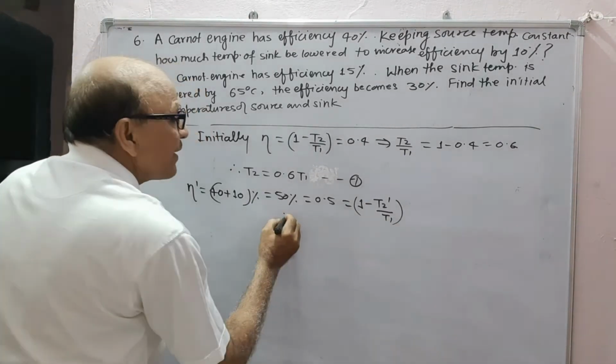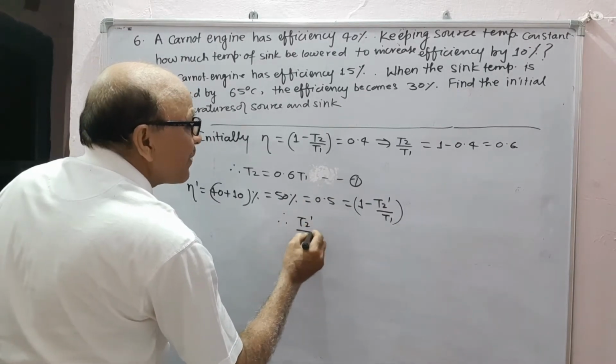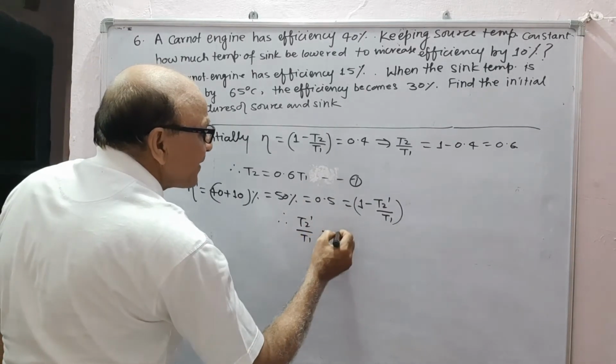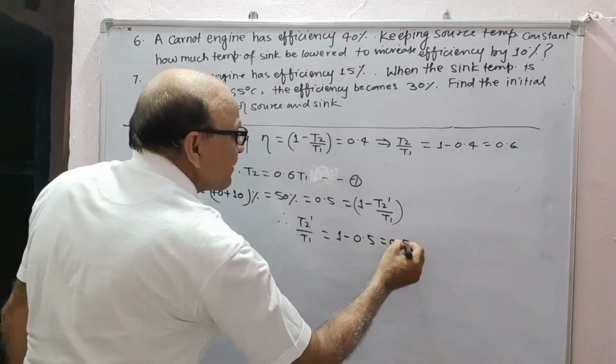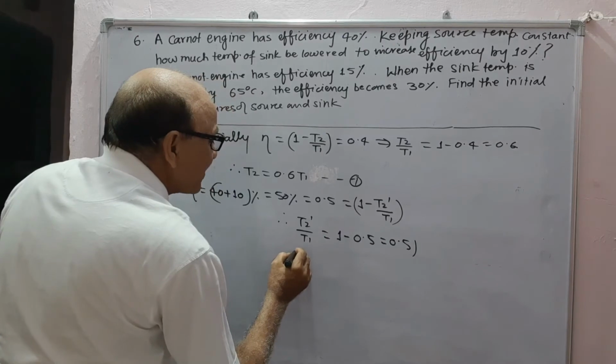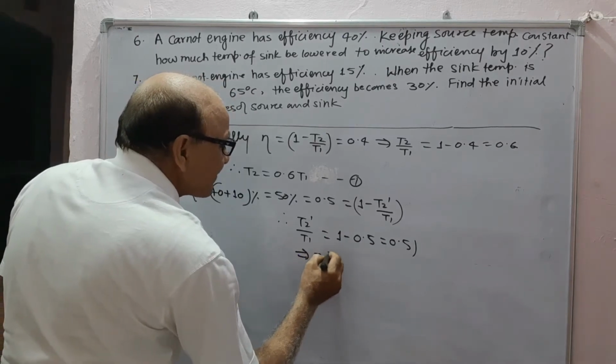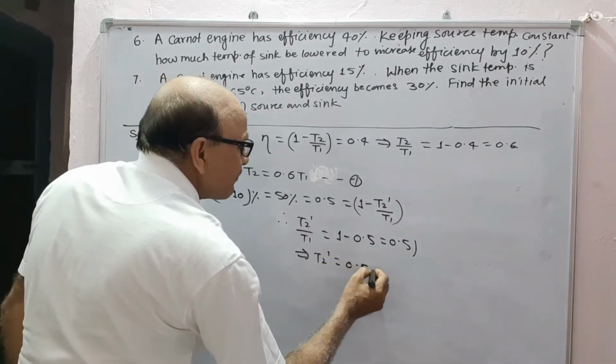So T2 dash upon T1 will be equal to 1 minus 0.5, which is 0.5, which gives T2 dash is equal to 0.5 T1.